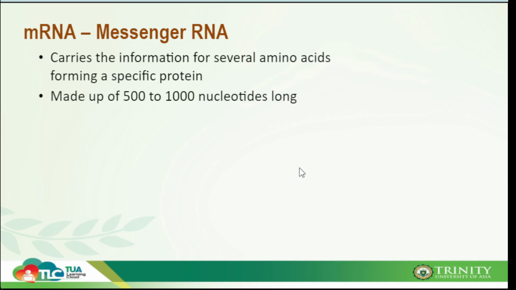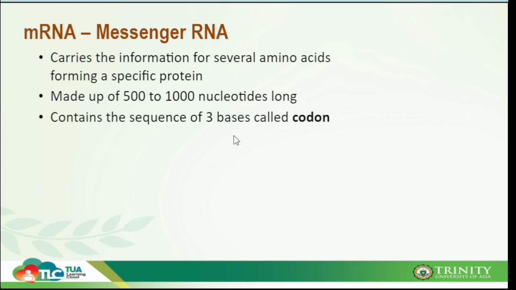So your mRNA contains information in order to create a specific protein. Okay, so yung bases ng mRNA natin, it codes for several amino acids. And when you put together your amino acids, you will create protein. So your mRNA is composed of 500 to 1,000 nucleotides, and it is read by a sequence of 3 bases.